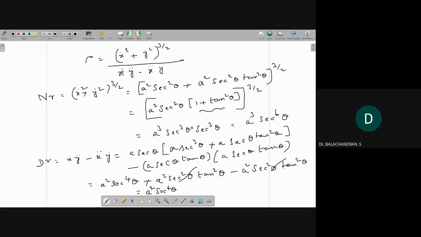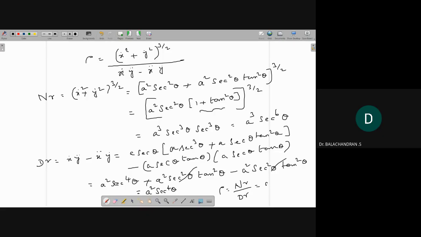The numerator is a cube secant power 6 theta. So I will write here rho equal to numerator divided by denominator.